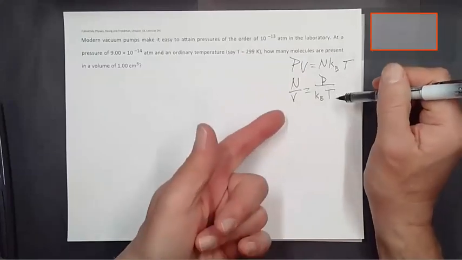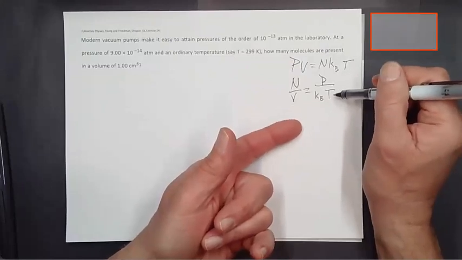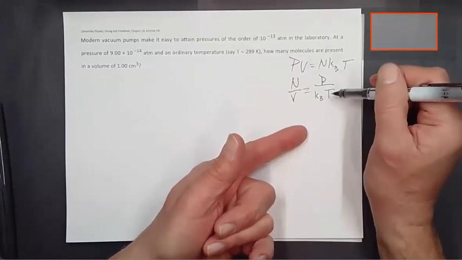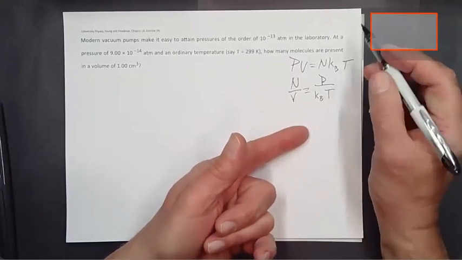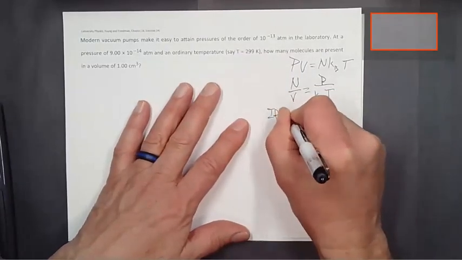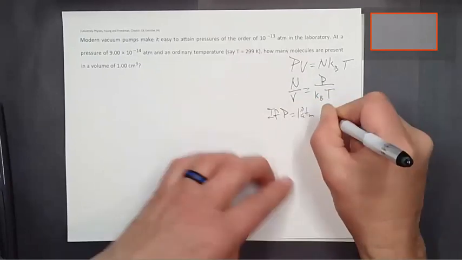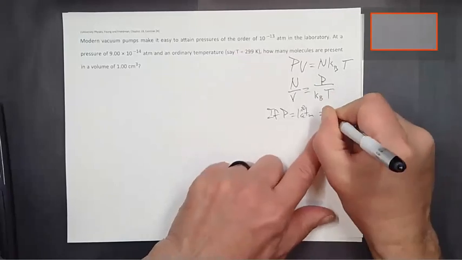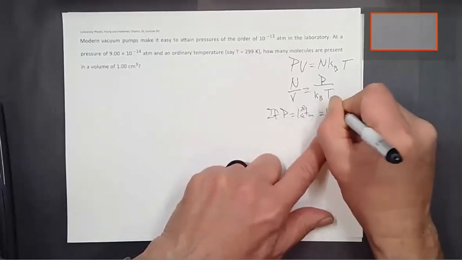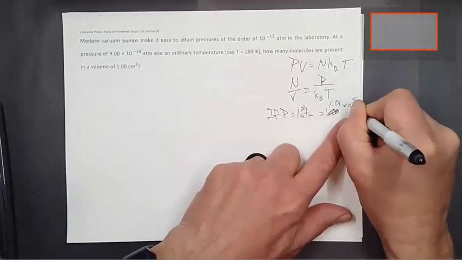And it might be interesting just to do it at 1 atmosphere of pressure and maybe room temperature. So if P equals 1.00 atmosphere, which is, whoops, it's going to be 1.01 times 10 to the 5th newtons per square meter.